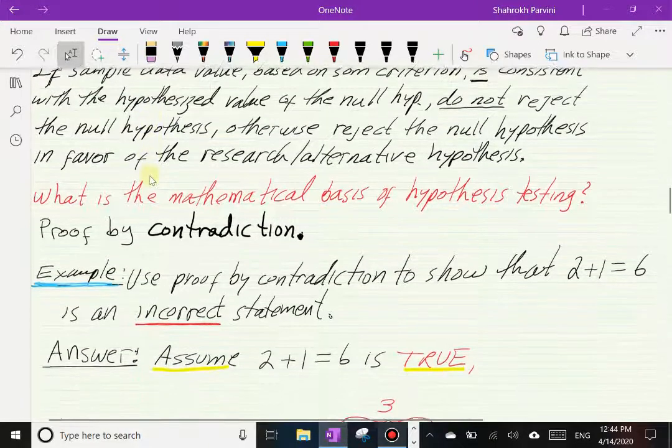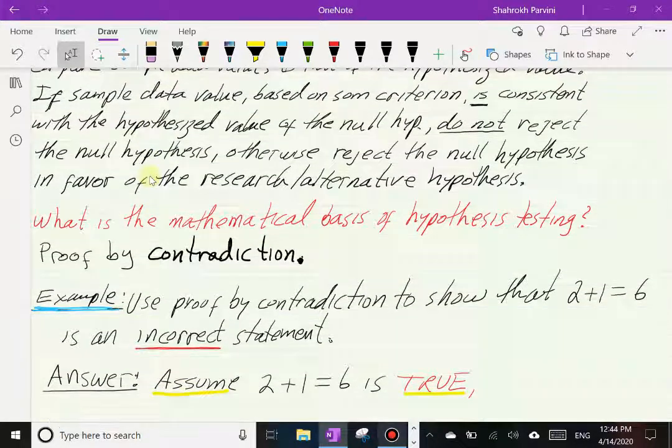So when you use proof by contradiction, you always assume the hypothesis of whatever that theorem or statement is true. So going forward, let's say 2 plus 1 is indeed 6. We're not saying it's wrong. Assume it's true. And then we're hoping to reach a contradiction, and hence the name proof by contradiction.